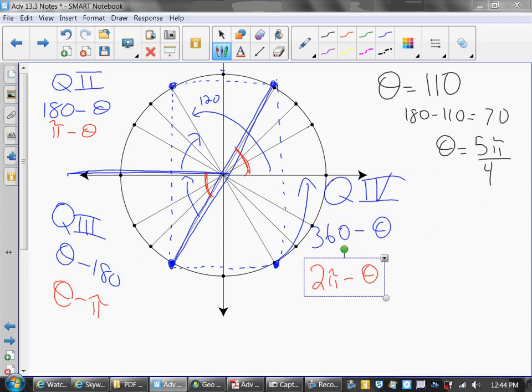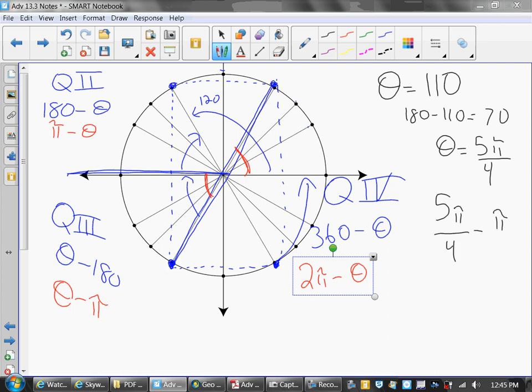Remember, guys, when you're doing this, you have 5 pi over 4, subtract the pi. It's not going to be 5 over 4. Convert this to a fraction. Or use your calculator. 5/4 minus 1. Math, enter, enter. Because it's the same thing as 4 pi over 4. Get a common denominator, you're left with pi over 4. There's your reference angle. Okay?